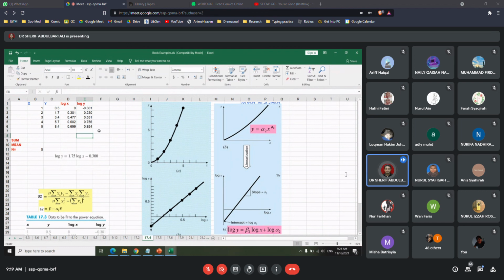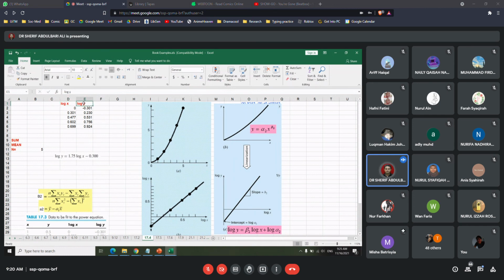Once you log the value of x and y, forget the original values. You are not going to use them anymore inside your calculations. So these values, forget them. This one is going to be considered your x value. This is going to be considered your y value.